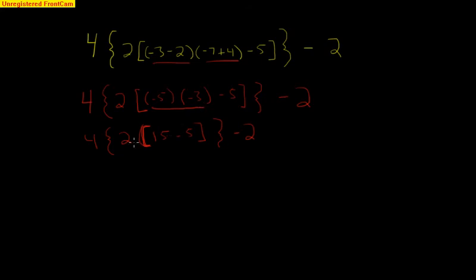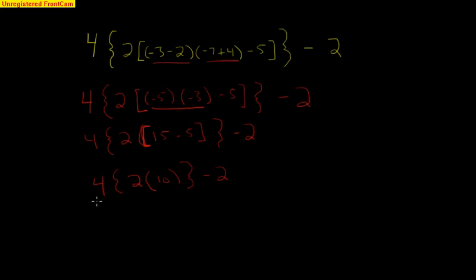And I don't multiply this yet because I first got to subtract this 5. So 4, just rewriting, 2 times 15 minus 5 is 10. Then minus 2. This is now all multiplication. I've got 4 times 2 times 10. I can do this in any order because multiplication is commutative.